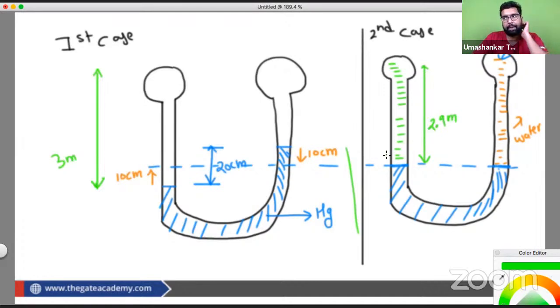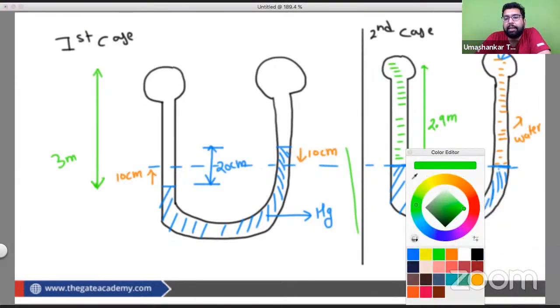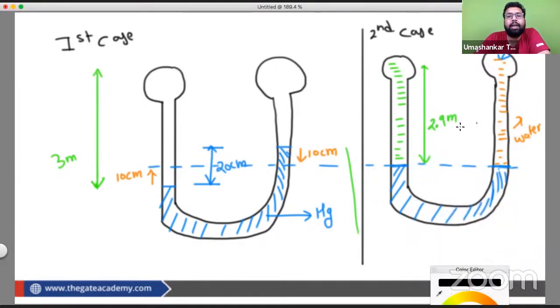Yes or no? 3 minus 0.1, that is 2.9. Now similarly, this water level moved down by 10 centimeters. So previously from this point to this point it was 1.5. Now this 10 centimeter when added to it, it will become 1.6 meter.